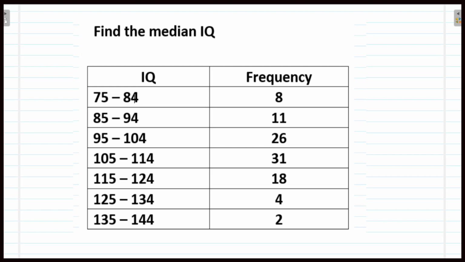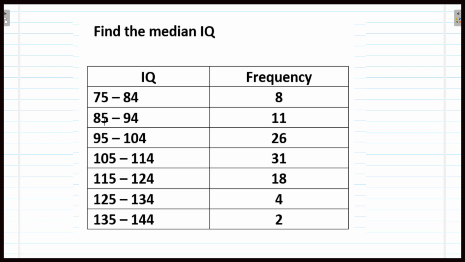But here it is in the inclusive form, that is 75 to 84, and the next should actually start from 84 to something, but it starts with 85. This type of class is called the inclusive form. So first we have to convert this inclusive form to the exclusive form.